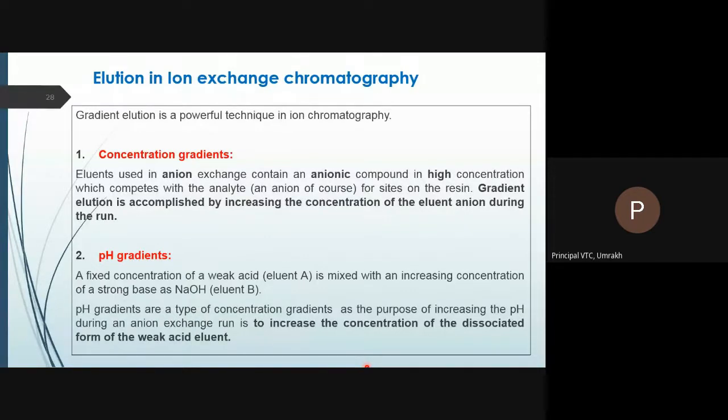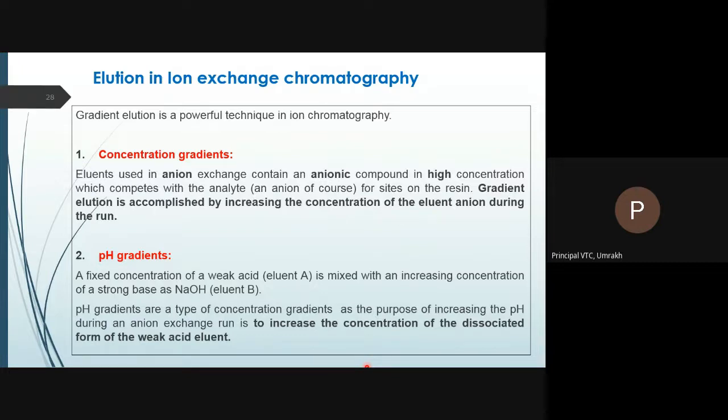So in ion exchange chromatography, generally gradient elution is used. That gradient can be either a concentration gradient or a pH gradient. The eluent used in ion exchange contains ionic compound in high concentration initially, then we can decrease or increase the concentration of eluent during the run.